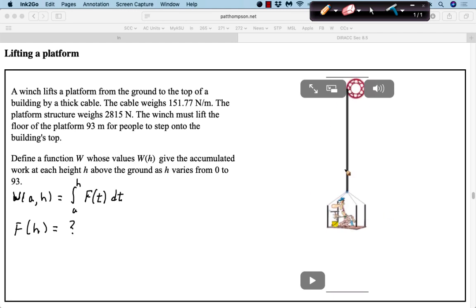At a height of h meters, what's the current force on the winch? What's the current force on the winch when the platform is h meters above the ground? So don't go for a final answer. Just talk about structure or generally what we need to get there. Go.